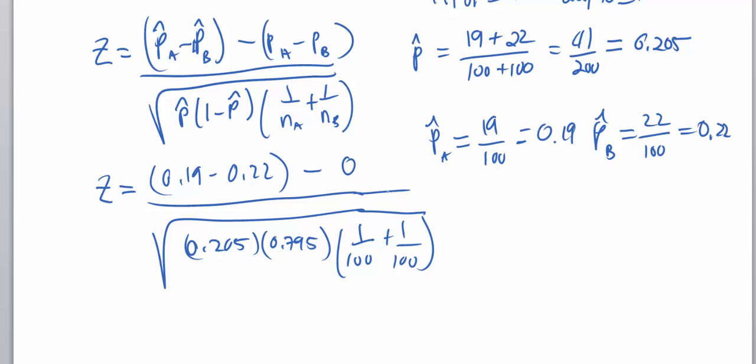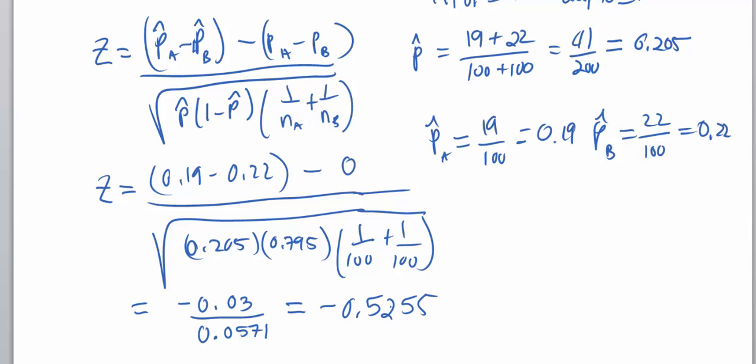And make sure you bring out all your parentheses. This is equal to a numerator value of negative 0.03 divided by a denominator of 0.0571. So that's our standard error, which gives a Z test statistic of negative 0.525.